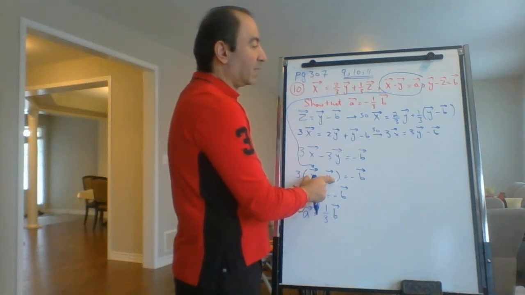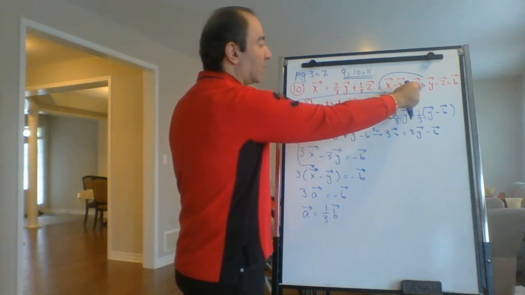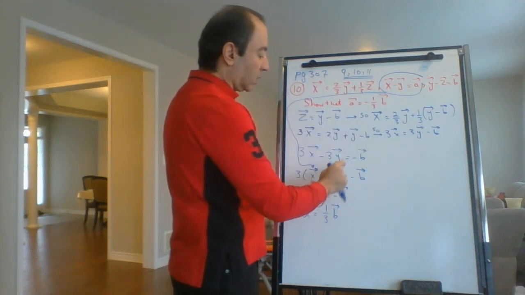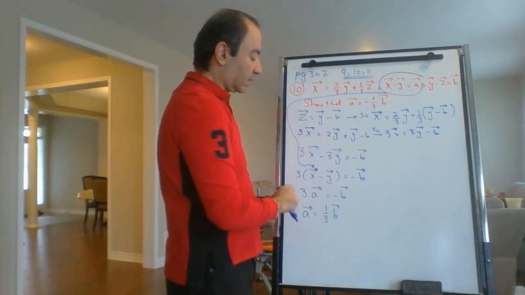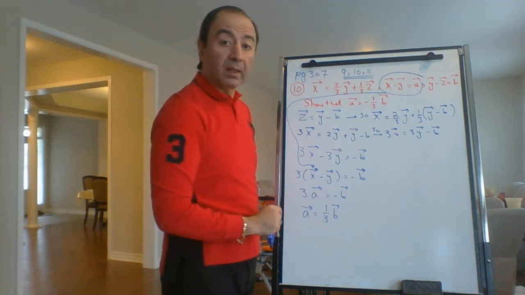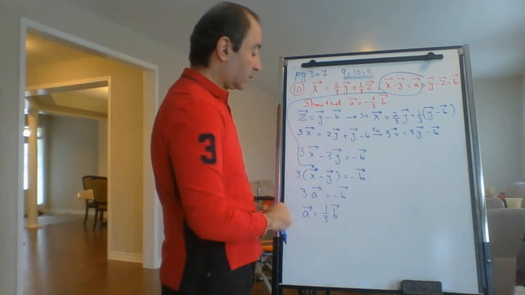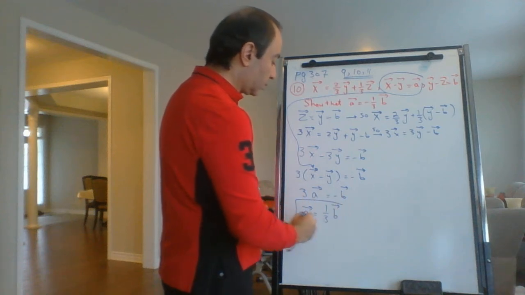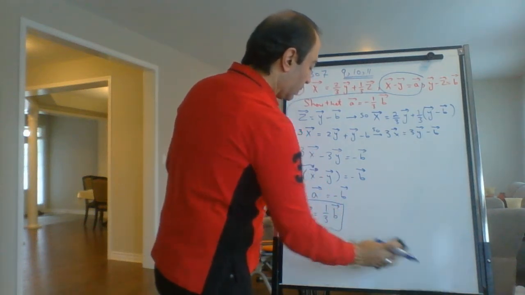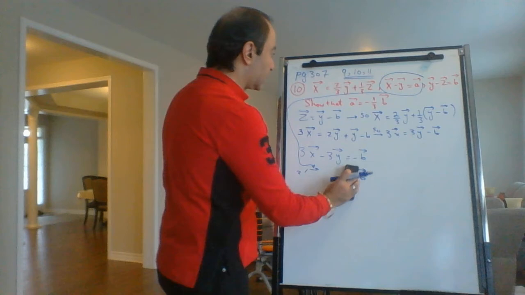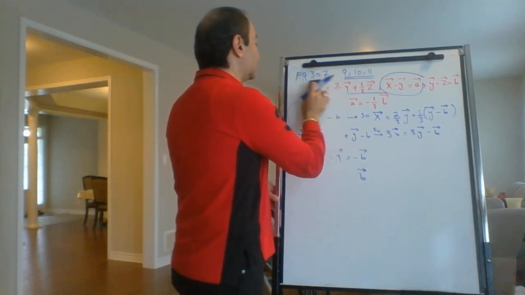I was very happy to see that vector x minus vector y is a, so I took that and put a instead, 3a, so I can solve it. Now we proved what we need to prove. Okay, so this is question number 10.